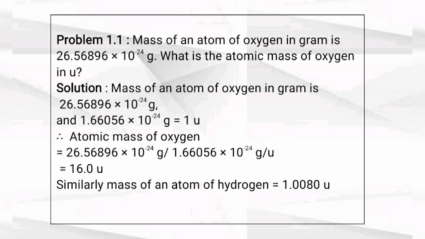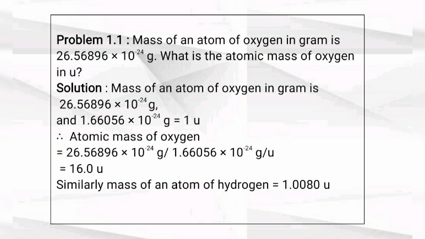Now we'll start this question. How to solve this question? Look here. Mass of an atom of oxygen in gram is given, that is 26.56896 into 10 raised to power minus 24 gram. And we know that 1 U is equal to 1.66056 into 10 raised to power minus 24 gram.